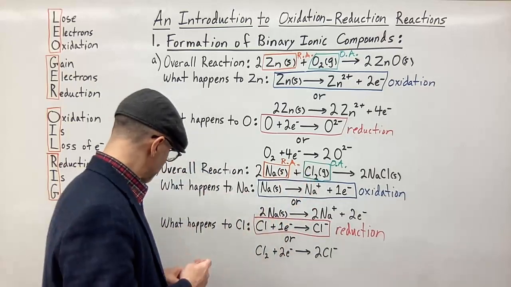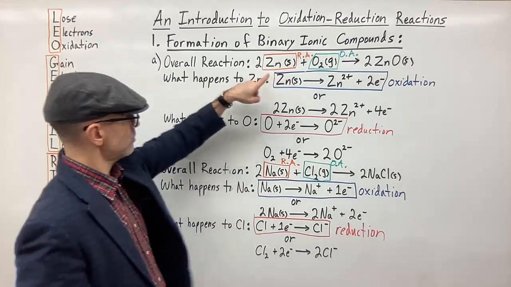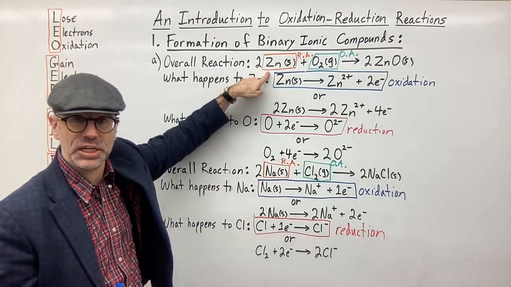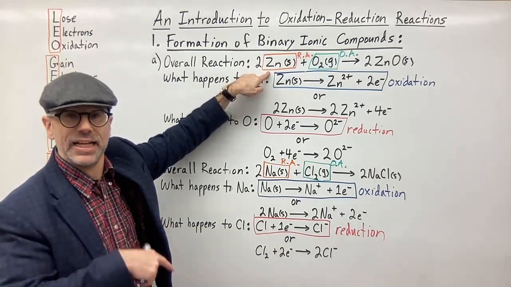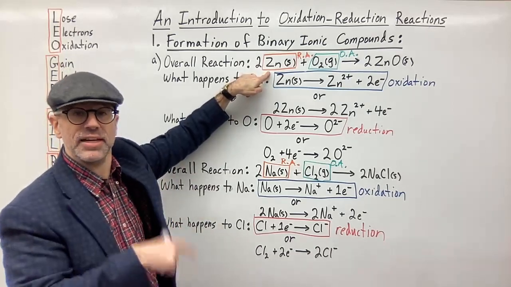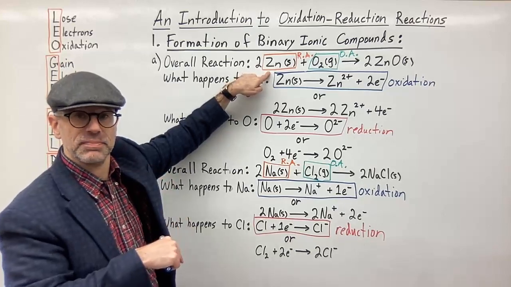What do I mean by that? So you'll notice here, zinc is the reducing agent, but the reducing agent contains the element that is being oxidized. So the opposite is happening to the agent, or an element that's in the agent, right?